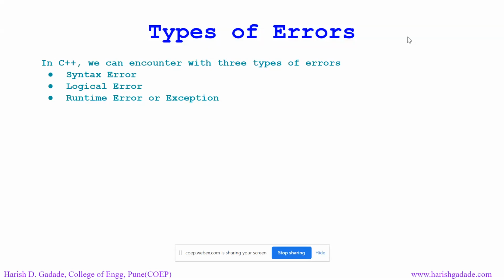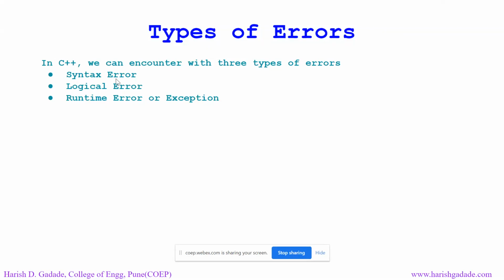Whatever the syntax of that programming language, we need to know it first. If we don't follow that syntax properly, we get the syntax error. This syntax error is mostly detected by the compiler, so normally we also call it a compile time error.